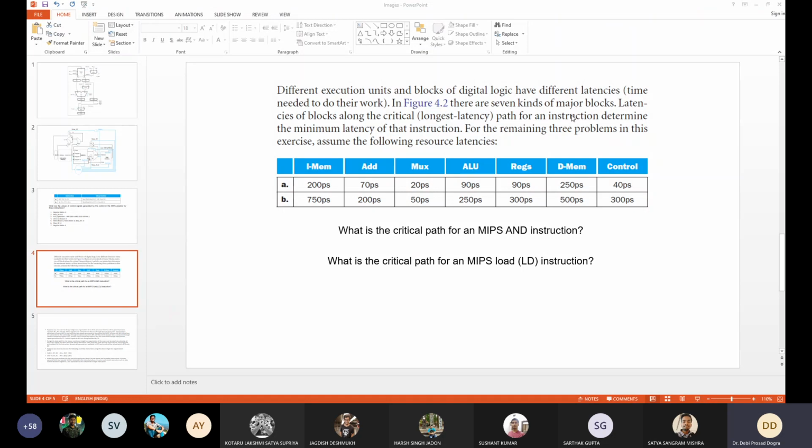Not fully, sir. Why not fully? Which part you don't understand? Sir, I will see it once again after the class. ठीक है.